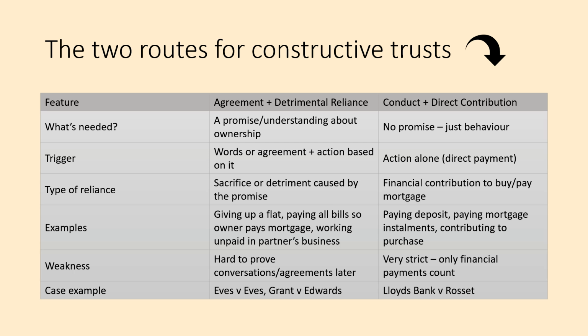So what's needed? We need a promise about the ownership. So for example, I promise to my partner that they can live in my flat with me for as long as they live, for example. So those words of agreement then trigger a kind of protection in equity, because this is what fairness kind of dictates.